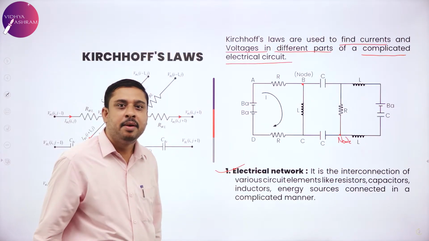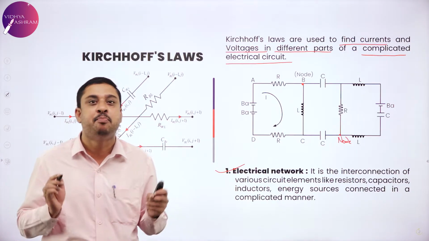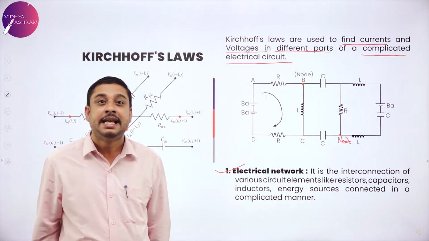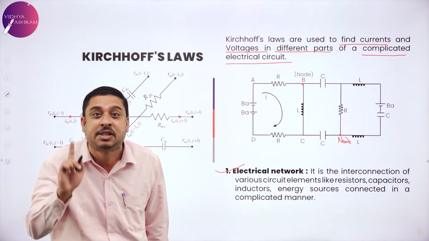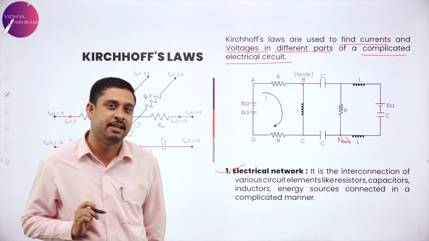Again, my dear students, whenever I say mesh or a loop, it is a closed path for the flow of electric current.